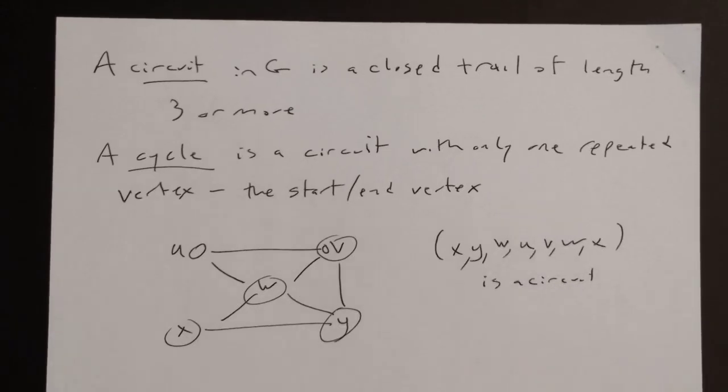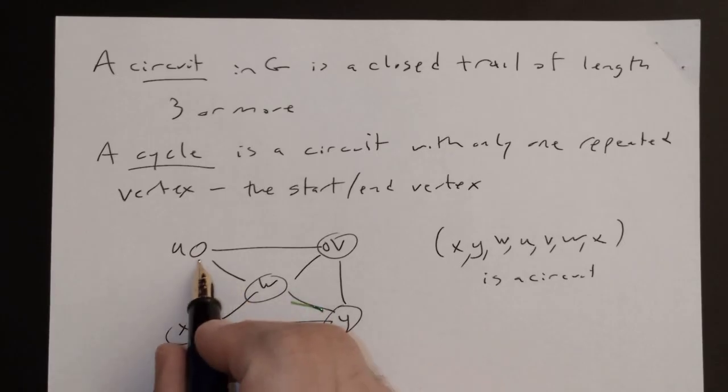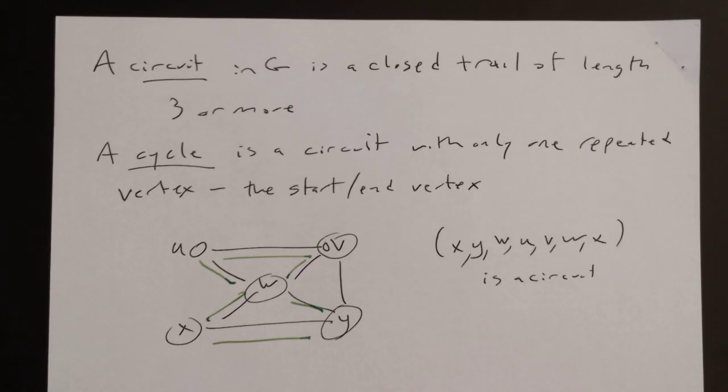So let me overlay that directly onto what we've got. X to Y to W to U to V to W to X. By the way, I don't have to start at X. I could pick any one of these and follow that sequence around.